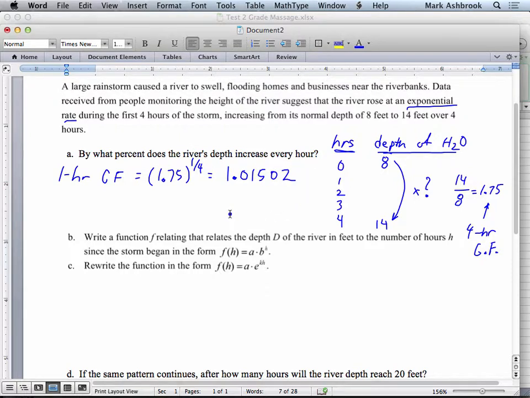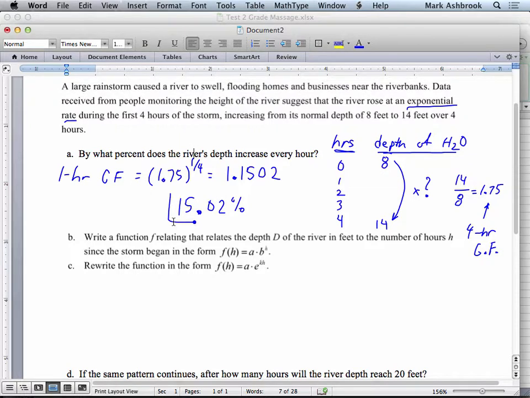So what's the percent increase every hour? 1.15, thank you. Sorry, I didn't mean to scare you, those who got it right. Is that better? Therefore, percent increase? 15.02% per hour.